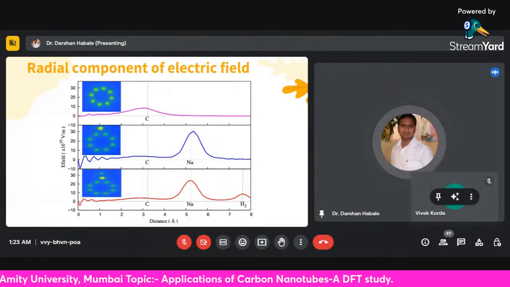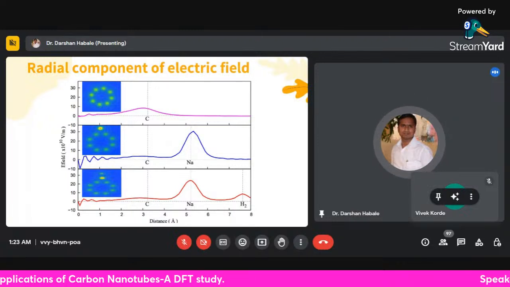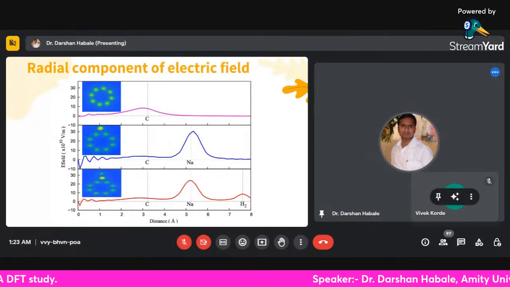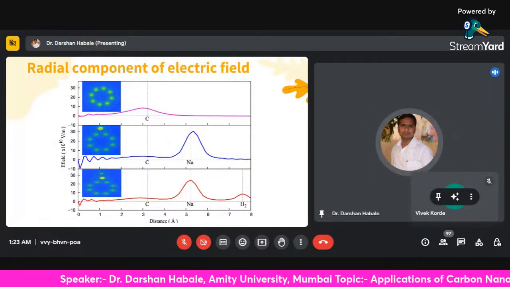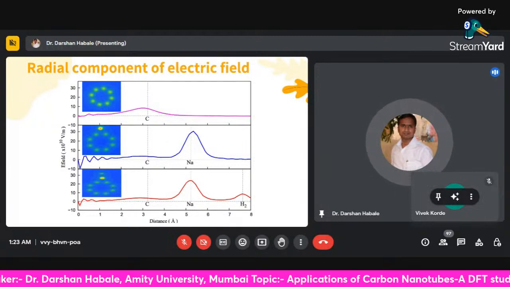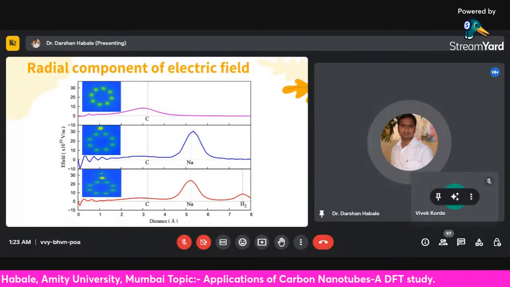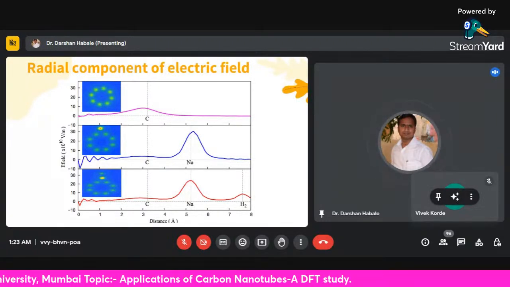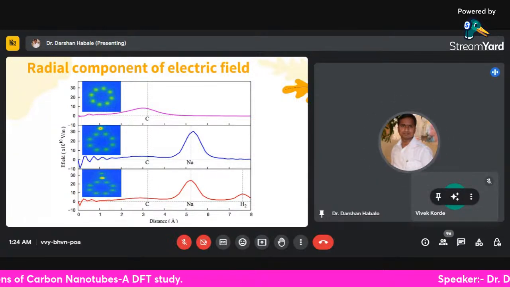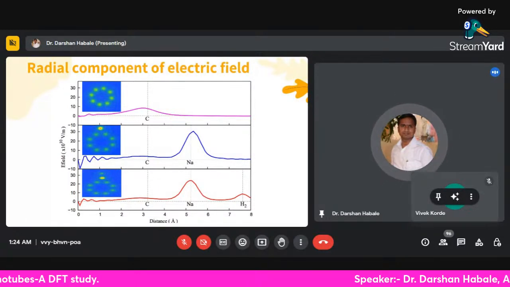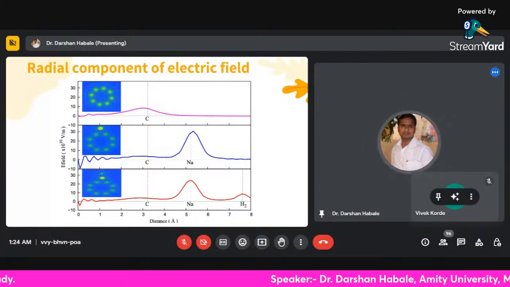So for SWCNT, the electric field strength is found to be 8.3 into 10 to the power 10 volt per meter, only for the CNT. And when sodium is added, it has increased to 29.2 into 10 to the power 10 volt per meter. And if a single hydrogen atom is added on it, then it drops to 24 into 10 to the power 10.